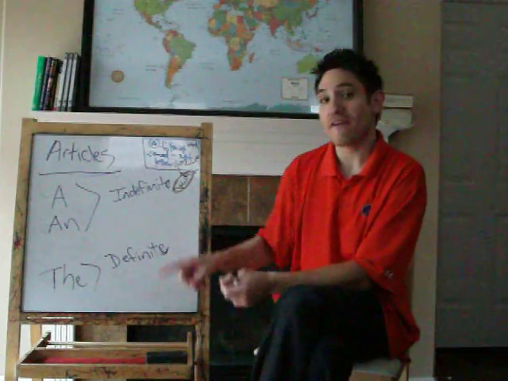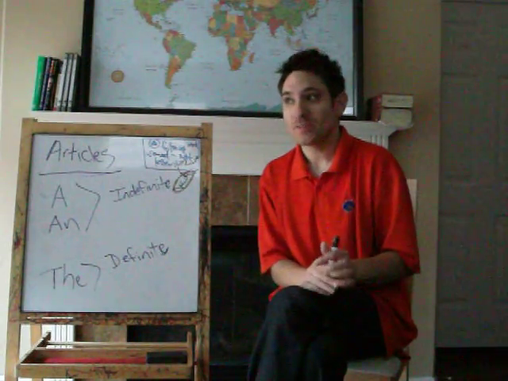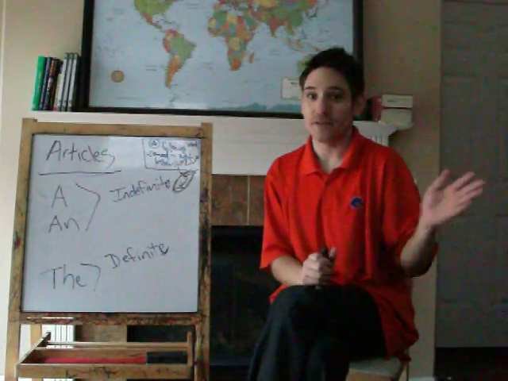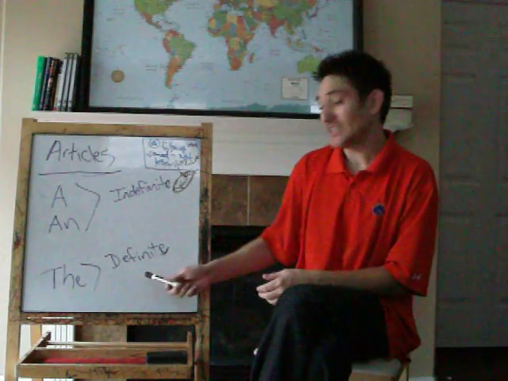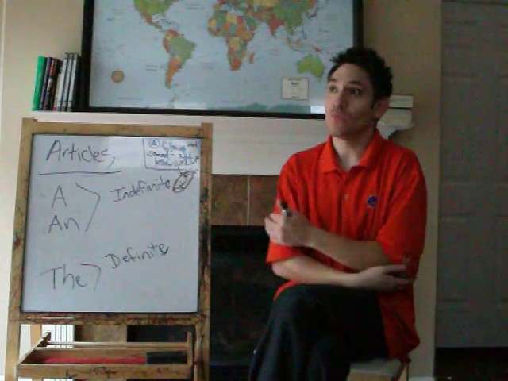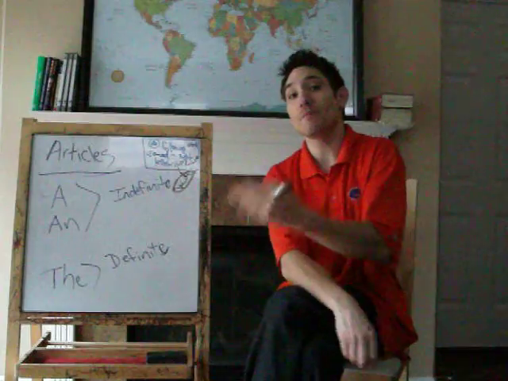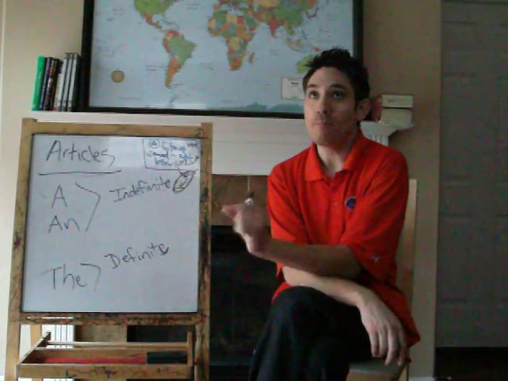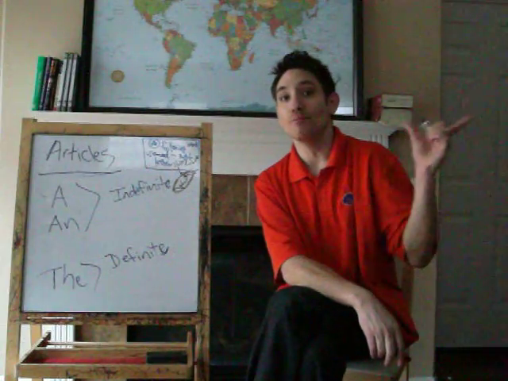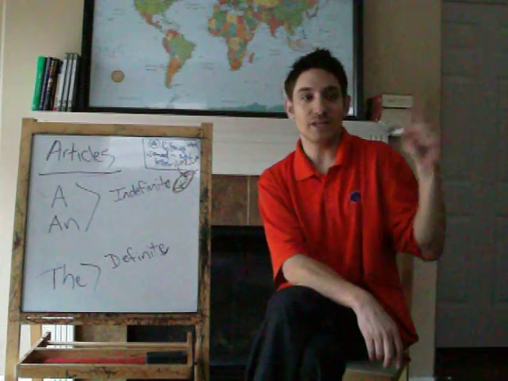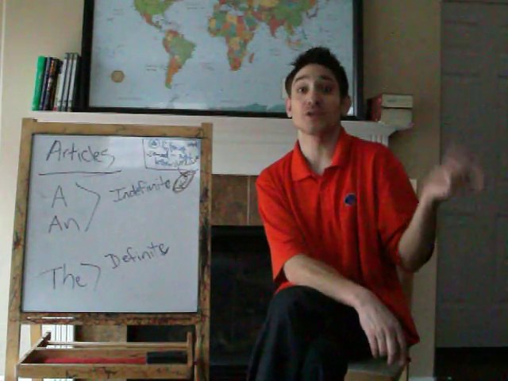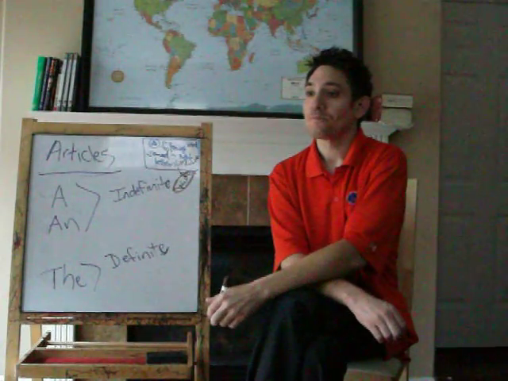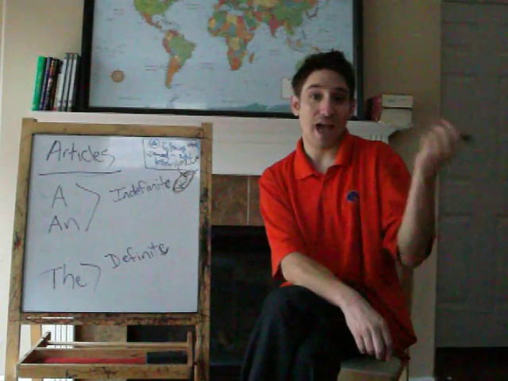Whereas the is very specific. It's not random. It's not indefinite. So the is called a definite article. The reason why is, let's say you said, go get me the book from the library. Well, the book implies the book that these guys were discussing. Maybe I have it written on a note.